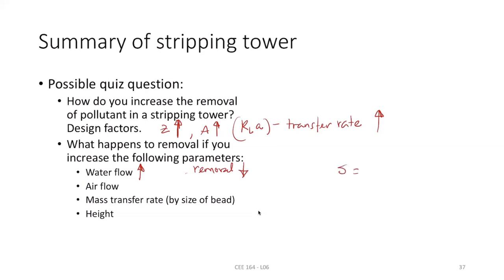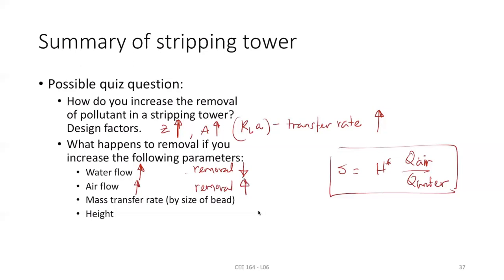Stripping factor is Henry constant times Q air over Q water. So you are stripping more efficiently if your water flow rate is low. Same thing with airflow, that's exactly opposite. If you increase the airflow, removal increases because you are transferring more efficiently. So the third one, mass transfer rate. If you make the mass transfer more efficient, will the removal increase or decrease?